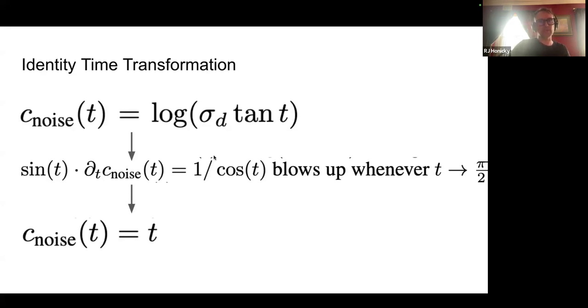They're saying this will definitely cause instability at pi over 2, because this is 0 and therefore this goes to infinity. So definitely can't have that. So they just say, let's just set it to t. They don't really motivate this, except that it makes time pass at a constant rate, which I think makes intuitive sense.